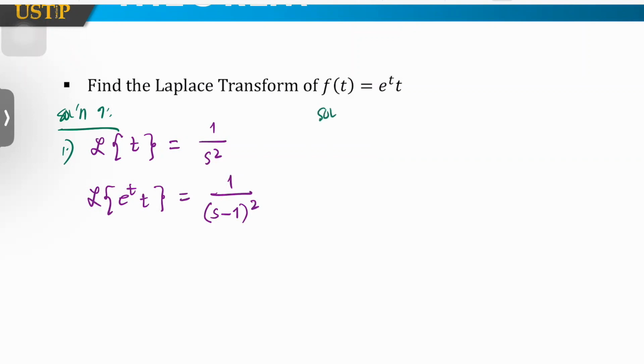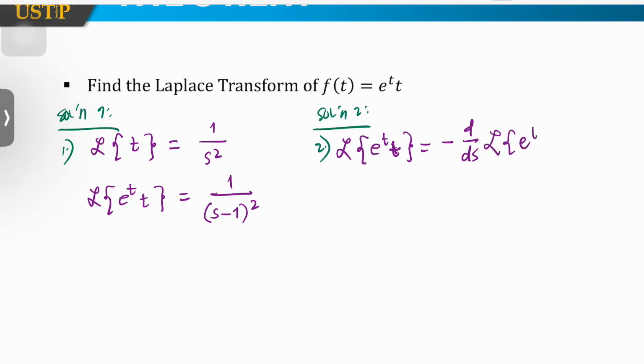Now, what happens if we use the second theorem, where the Laplace transform of e to the t times t is equal to the negative of the first derivative, since the exponent of t is 1, right? Of F of s, or the Laplace transform of e to the t.